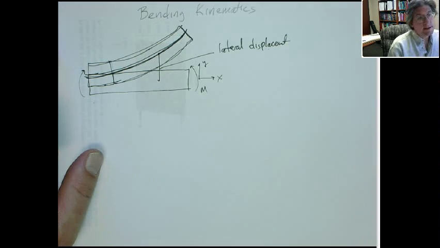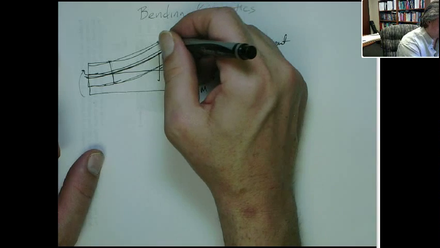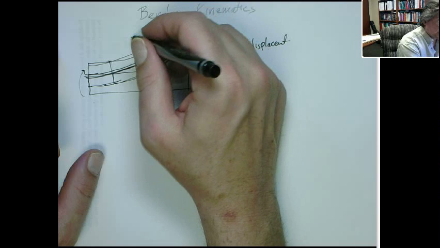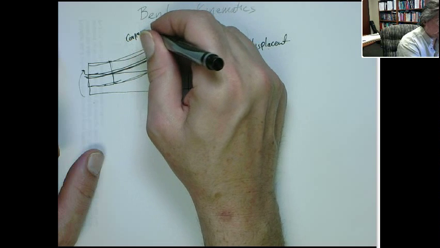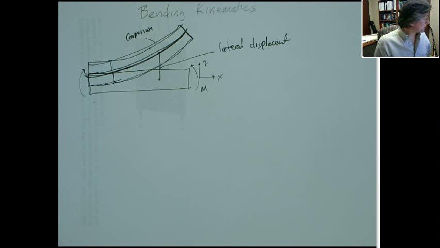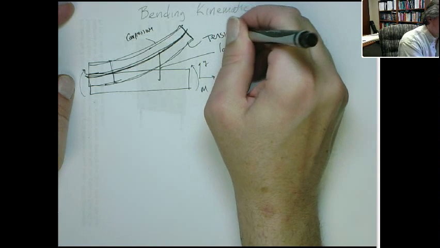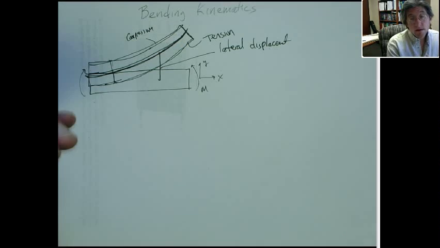So when this beam bends, well, this really isn't much of an assumption, but we consider that on one surface there's compression. That kind of makes sense. If you imagine taking a paperback book and you try to bend it up, you see compression on the top side, and on the bottom side you see tension. That means somewhere in between there has to be neither compression nor tension.